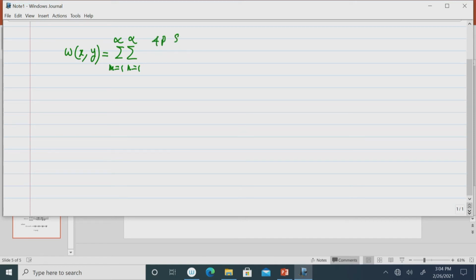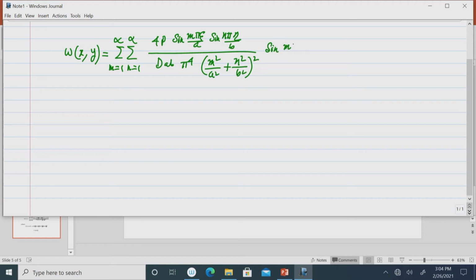So, 4 p we can substitute, and sin m pi xi by a sin n pi eta by b divided by d a b pi to the power 4 m square by a square plus n square by b square whole square and sin m pi x by a sin n pi y by b.